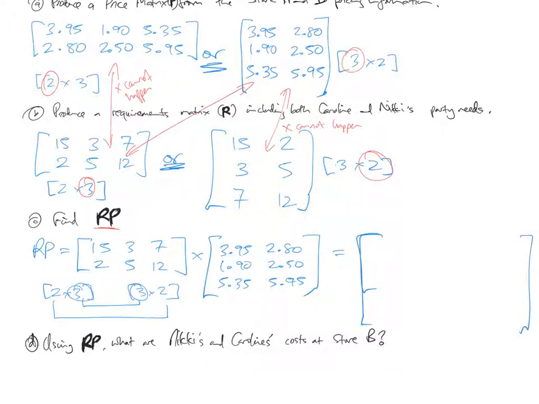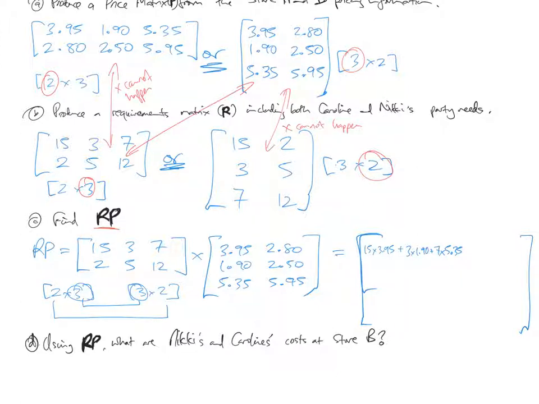And so now, the solution to this, I need more space actually, so all the way like that. The multiplication is going to happen in this order, 15 times by 3.95 plus 3 times by 1.90 plus 7 times by 5.35.